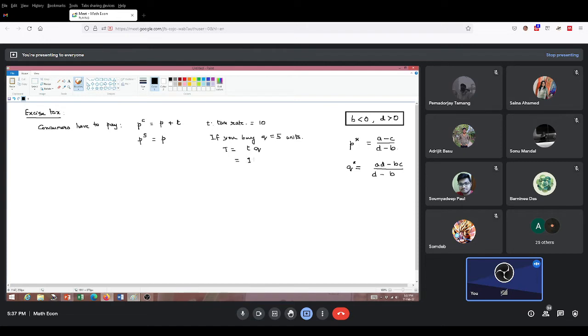So this will be 10 into 5, 50. If you are buying 12 units, for every unit you have to pay 10 rupees, so it is 120. I see, now I understood, sir. Okay.